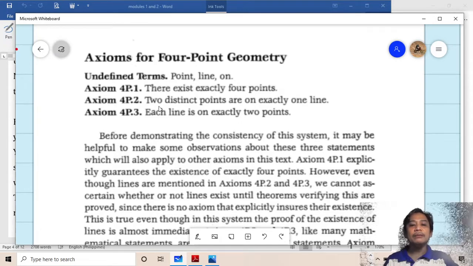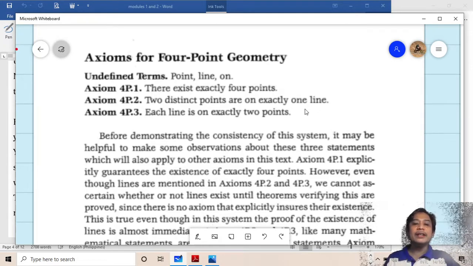The second axiom, 2 distinct points are on exactly 1 line. If we rephrase that, it means that every pair of points is on exactly 1 line. Meaning, if there are 2 points, then there should be a line containing both of them.